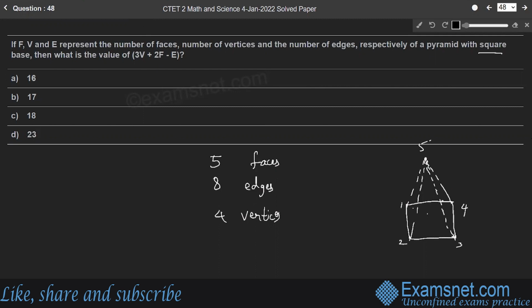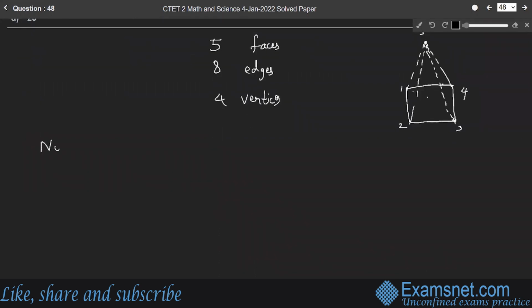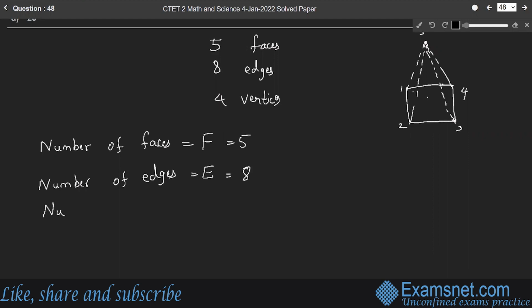Therefore, number of faces, that is capital F is equal to 5, and number of edges, capital E is equal to 8, and number of vertices, V is equal to 5.